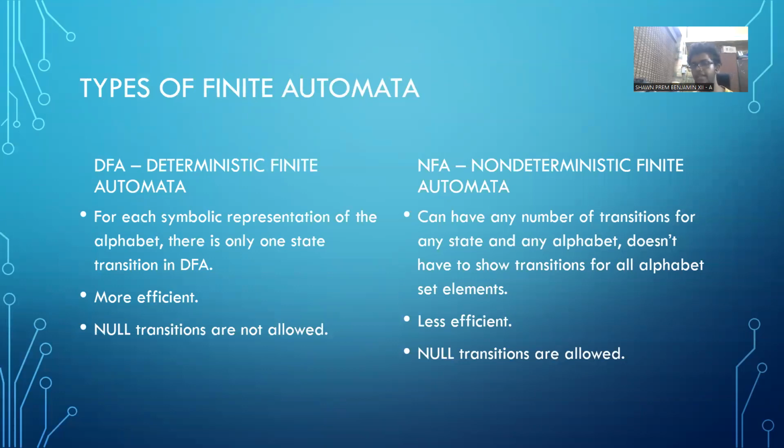Whereas in an NFA, it can have any number of states with any alphabet from the alphabet. Sometimes it doesn't have to show transitions for all of the alphabet set elements. Obviously, DFA will be more efficient than an NFA. But a DFA cannot have null transitions, whereas an NFA can have how many ever null transitions that it wants.